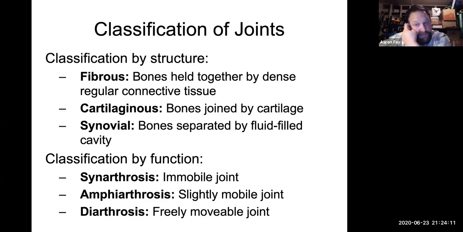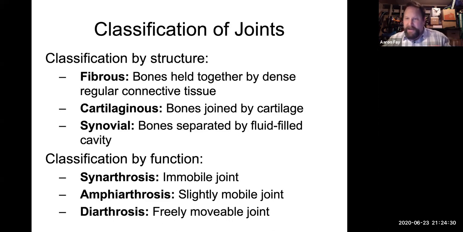However, we can also characterize articulations based on their function, or you could call it the physiological designation, because physiology means function. So here, the 3 categories are synarthrosis, amphiarthrosis, and diarthrosis.